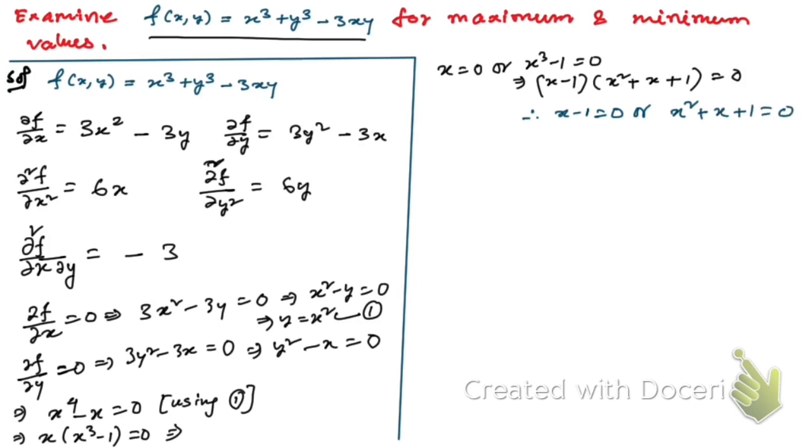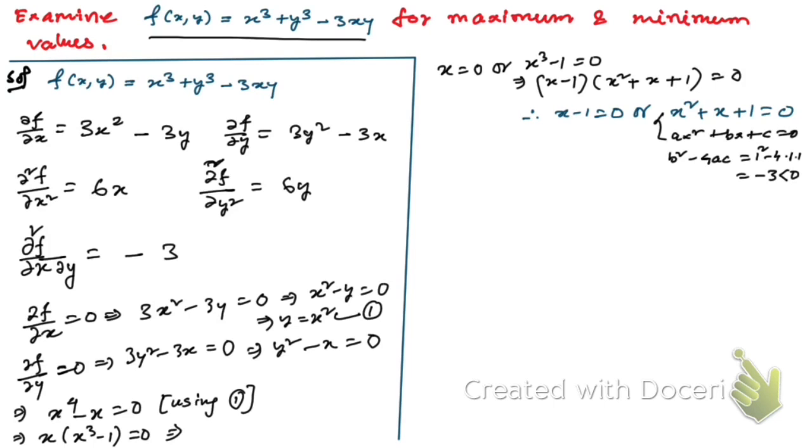Now again here you see this is a quadratic equation. Now if you compare this one with ax square plus bx plus c is equal to 0, then comparing these two, you're gonna have b square minus 4ac, that's gonna be equal to here 1 square minus 4 into 1 into 1, which is gonna be minus 3, which is less than 0.